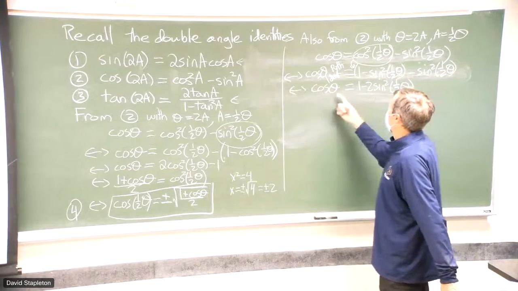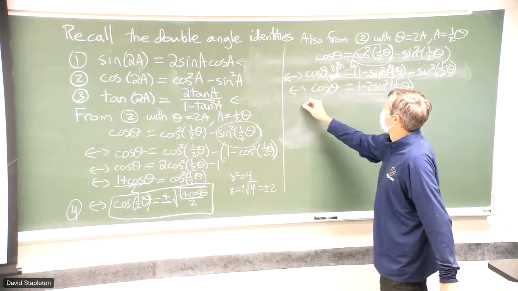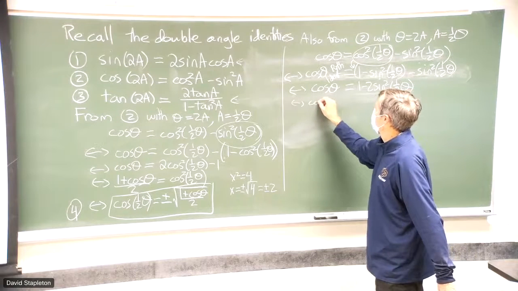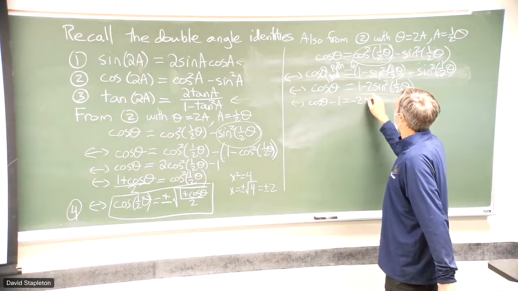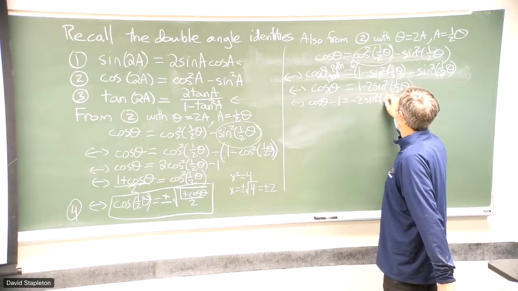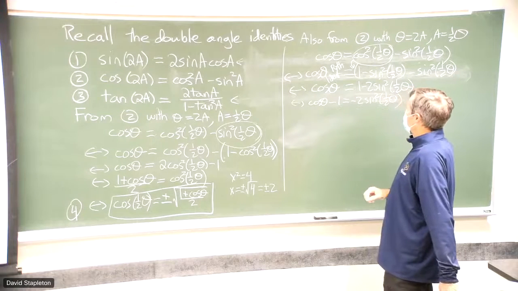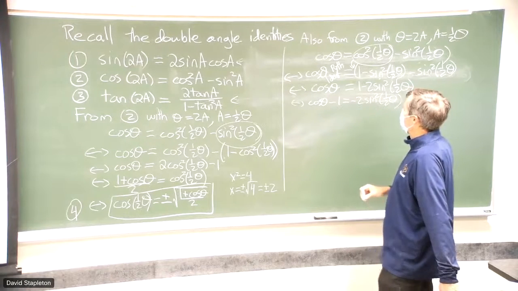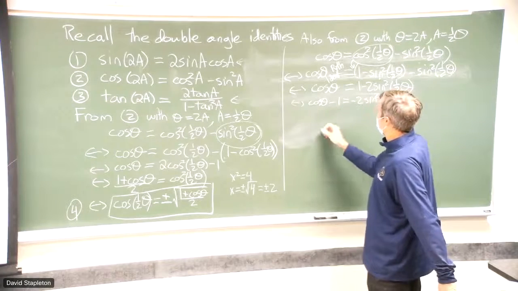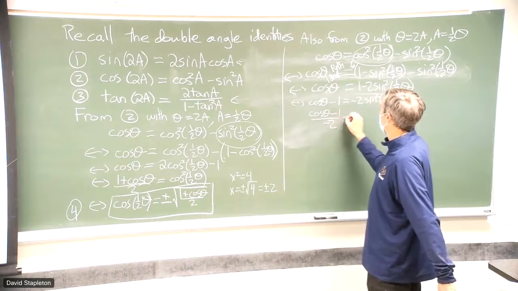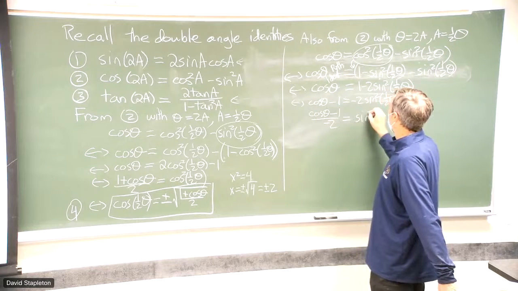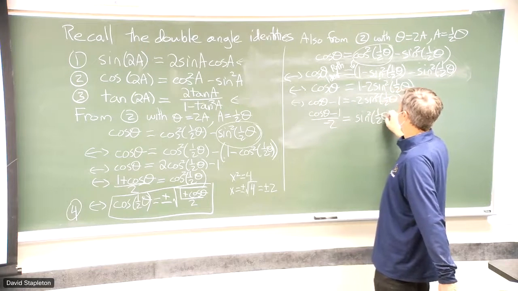So this time I'll subtract 1 and say this is cosine theta minus 1 equals minus 2 sine squared of 1/2 theta. So now let's see, I could divide by -2 and get cosine theta minus 1 over -2 equals sine squared of 1/2 theta.